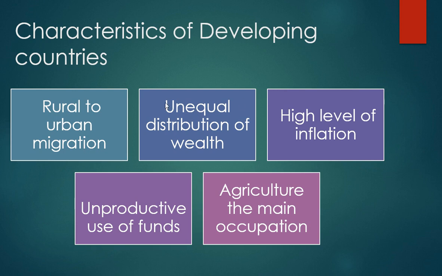And the next characteristic of the developing country is unequal distribution of wealth. Unequal distribution of wealth means that in developing countries, most of the income is kept by a very small number of people in the country.